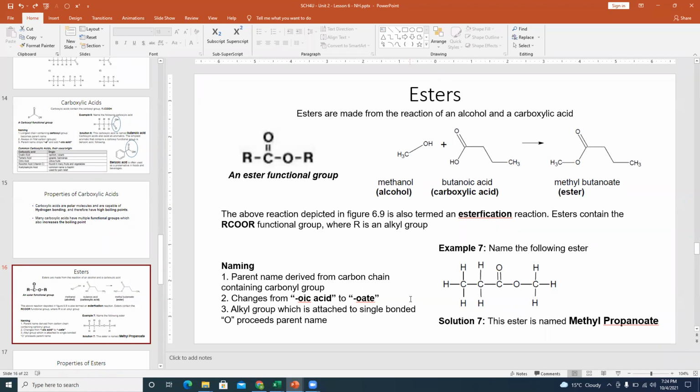Again, you take the parent group, the parent group that had that carbonyl group on it, and you change the ending from oic acid to oate. So instead of being butanoic acid, it would be butanoate because it's an ester.